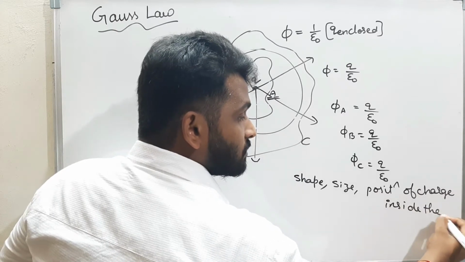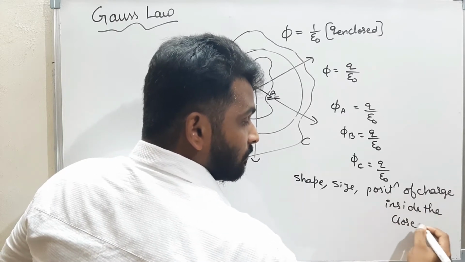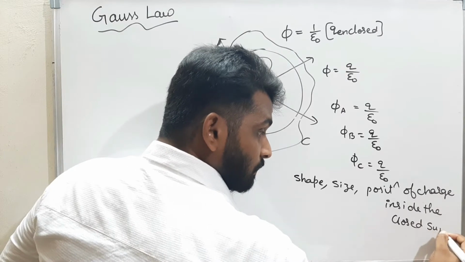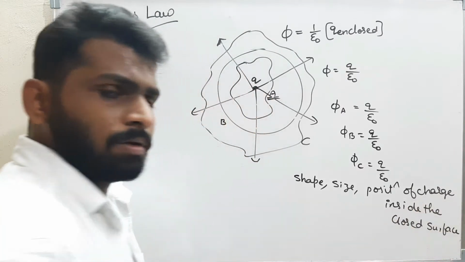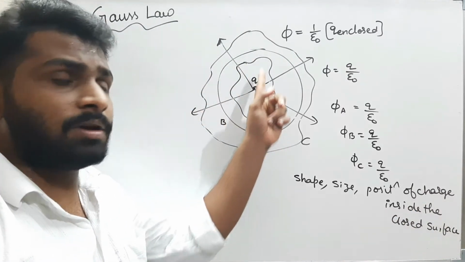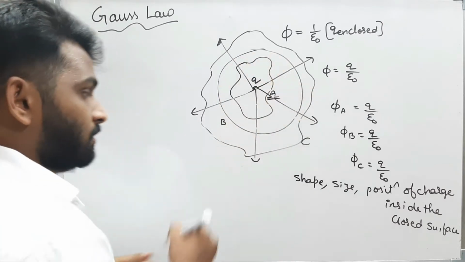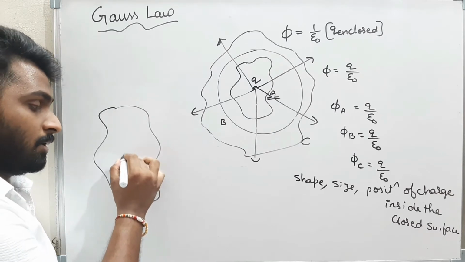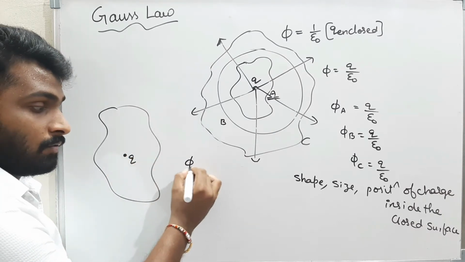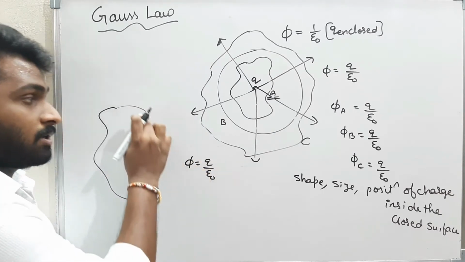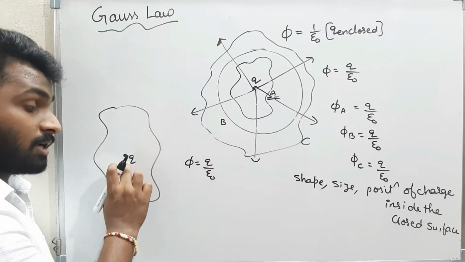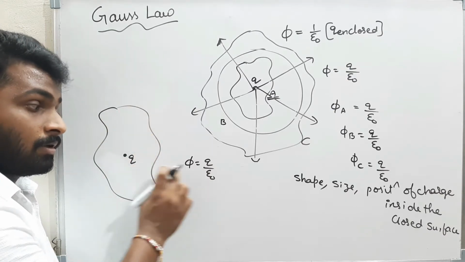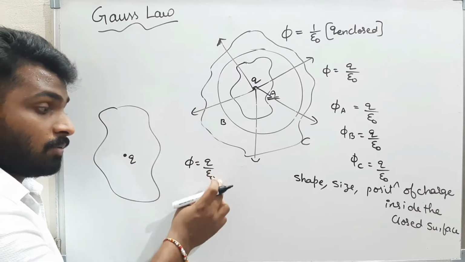inside the closed surface. See here, this charge may be anywhere inside this closed surface. See, this is a closed surface, and if the charge is here, what is the flux? The flux is nothing but Q by epsilon naught, because inside this closed surface the charge is Q. Therefore, the flux through this closed surface is Q by epsilon naught.